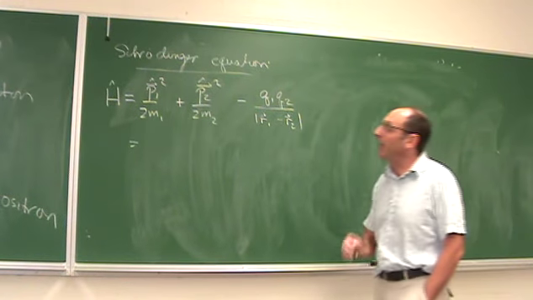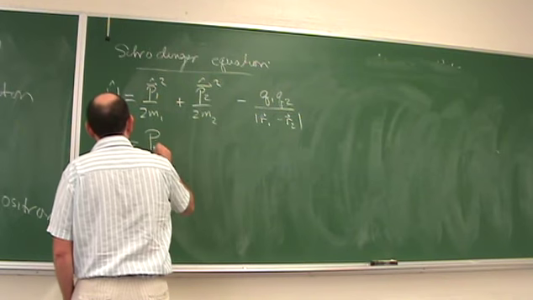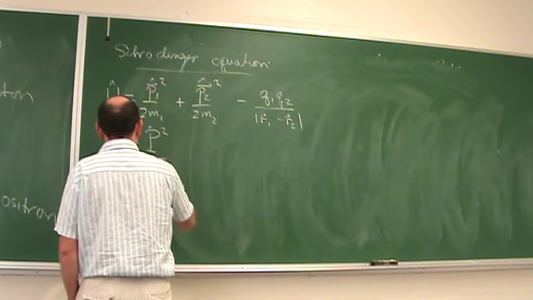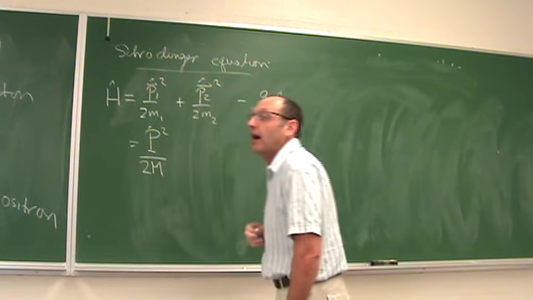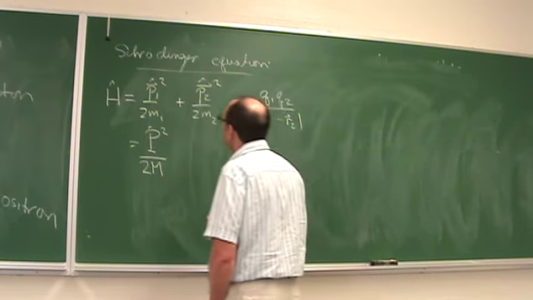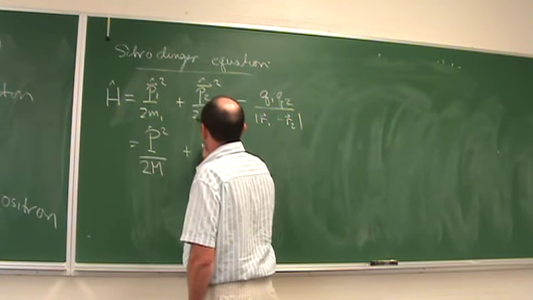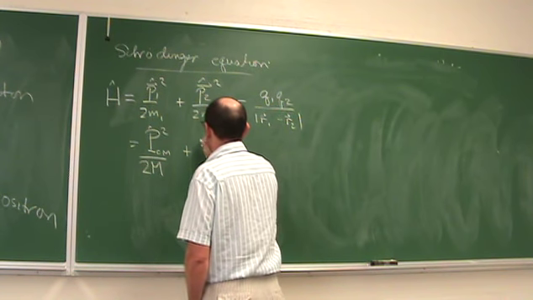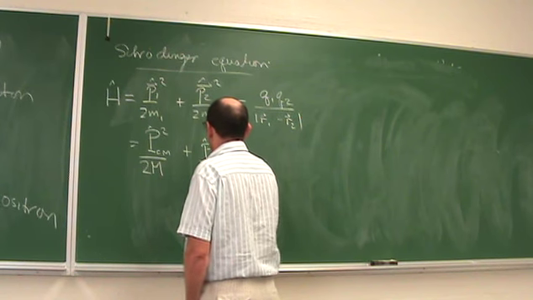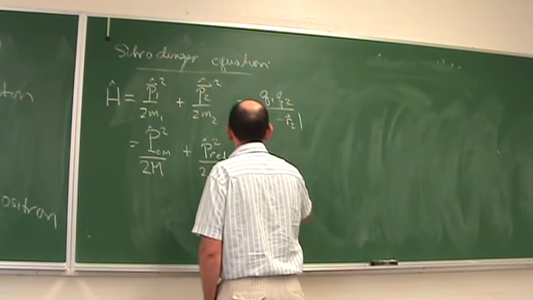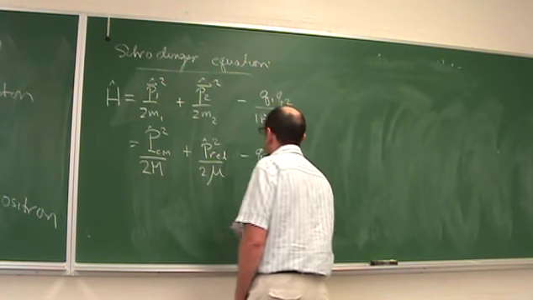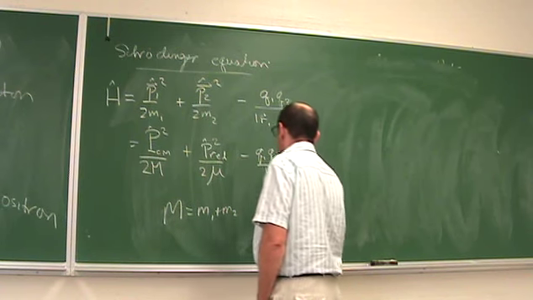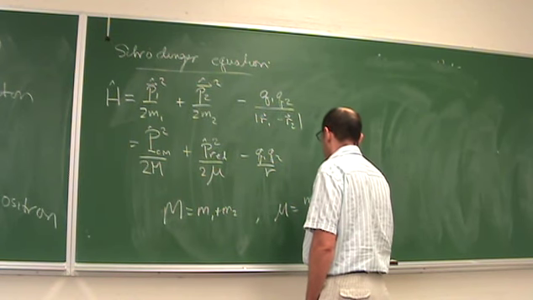Then we can separate the Hamiltonian into the momentum of the center of mass over twice the total mass, the kinetic energy of the center of mass, and the relative part: the relative momentum over twice the reduced mass, minus Q1 Q2 over R, where M is the total mass and mu is the reduced mass.